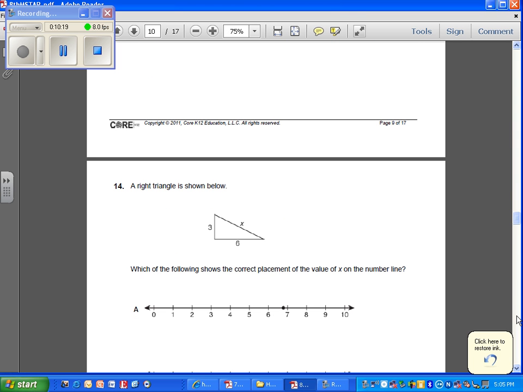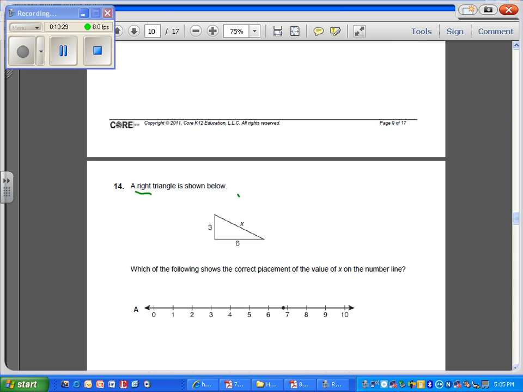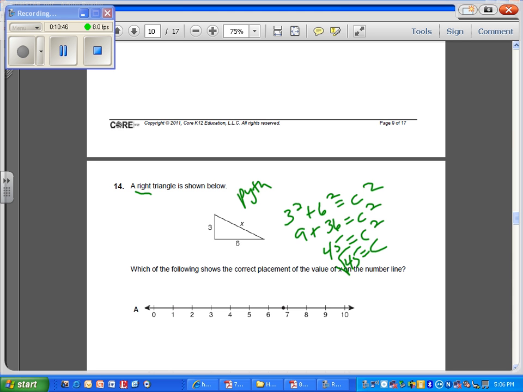All right, number 14. A right triangle is shown. Which of the following shows the correct placement of the value of x? This is a right triangle. That is Pythagorean theorem. So 3 squared plus 6 squared equals c squared. 9 plus 36 equals c squared. Add those, you get 45. And then take the square root of 45, and that's going to give you c.